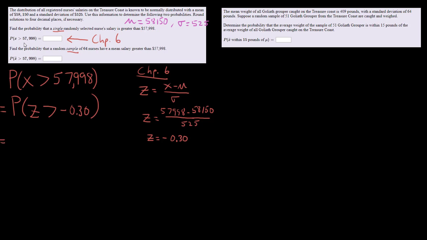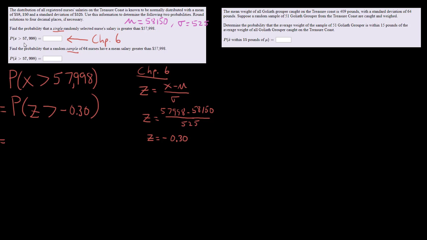Now, there are two ways to solve a greater than probability in terms of z. We can either look up the z value, negative 0.3, and then subtract that value from 1, or we can look up the opposite of this z value. Now, why is that the case?